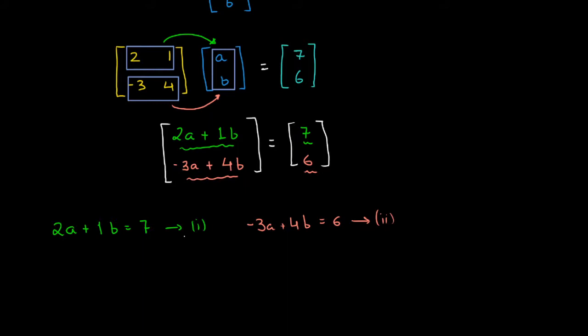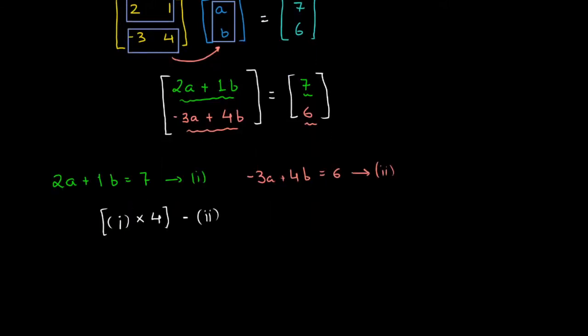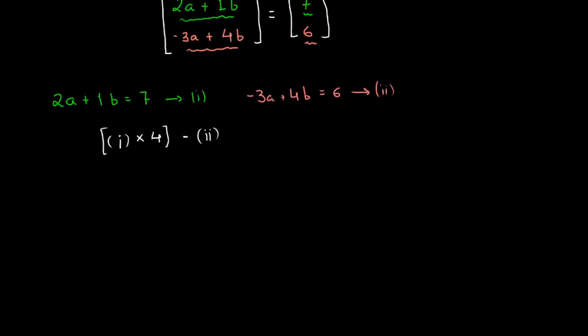What I'll do is multiply equation number 1 by 4, and then from that I will subtract equation number 2. You can solve it in any way you find comfortable. I'll just solve it this way.